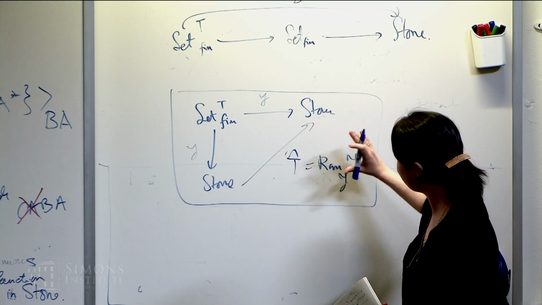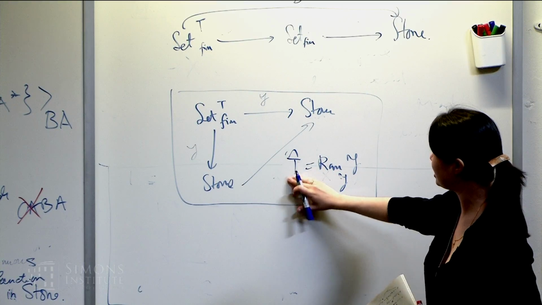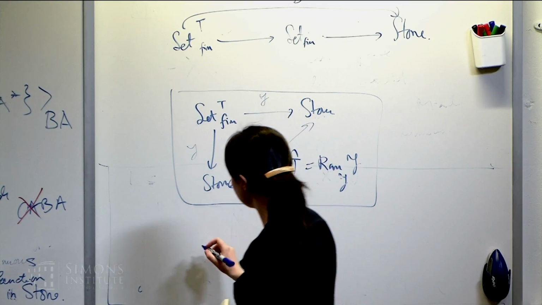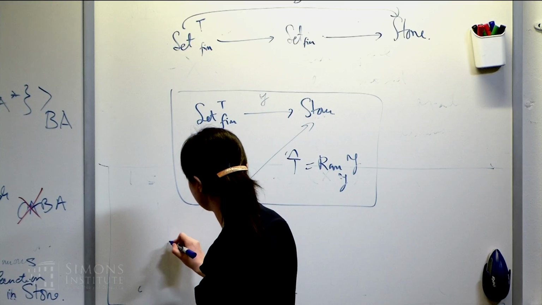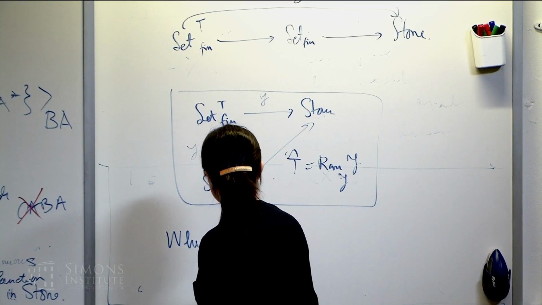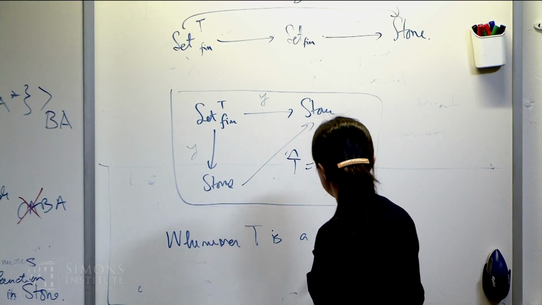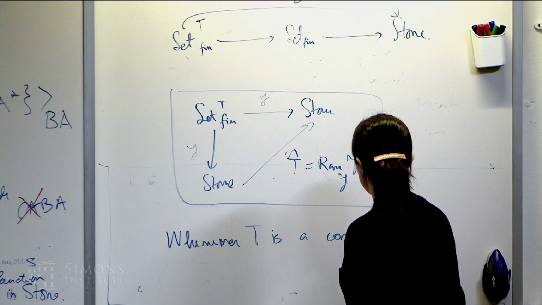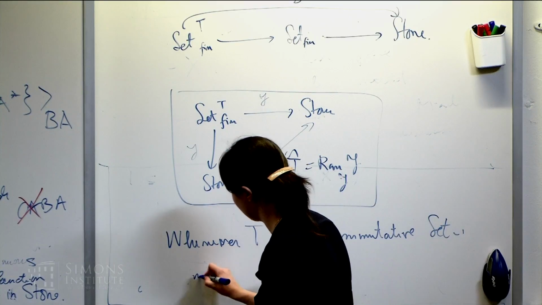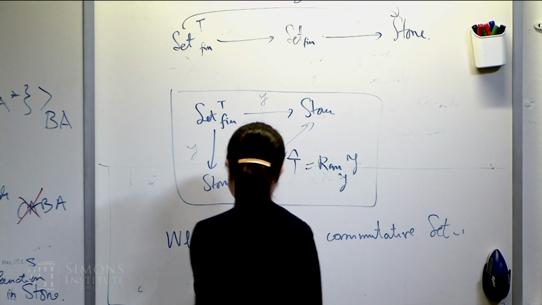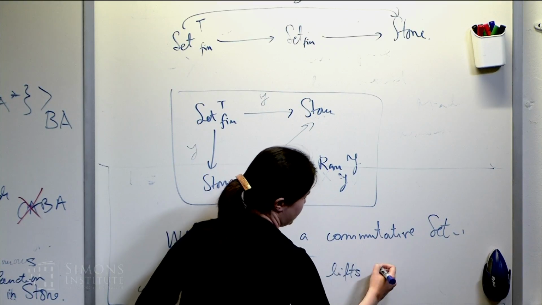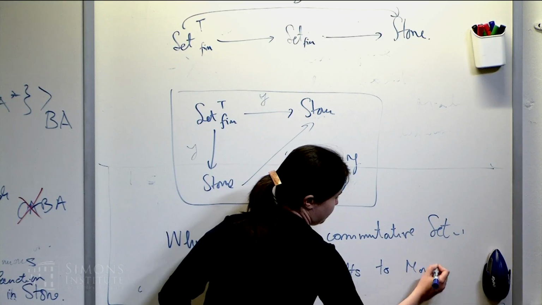So we have this extension of the monad T to stone spaces for every monad, and we also have that whenever T is a commutative set monad, I won't have time to explain what commutative means, but I can tell you later, then T has a canonical lifting to the category of monoids.